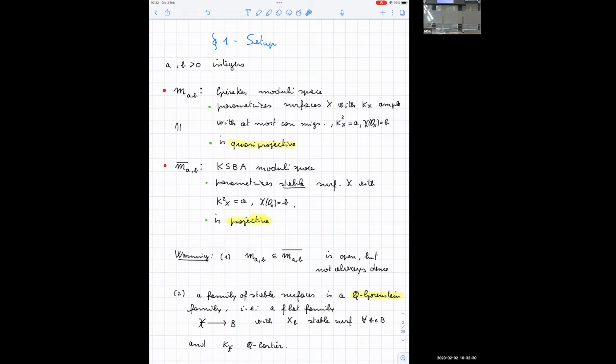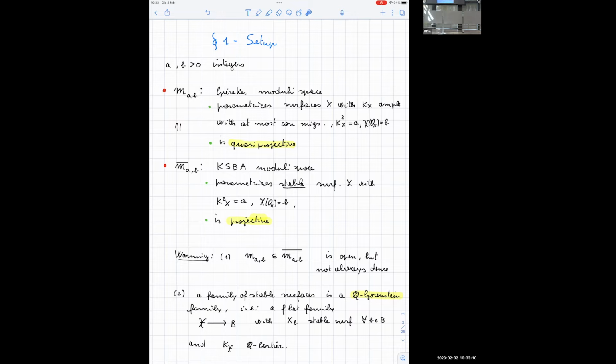The situation is similar to that you certainly know very well for curves. You have the moduli of curves, which is quasi-projective, and then there's a compactification obtained by adding these stable curves. The difference is that as soon as the dimension goes from 1 to 2, even the Gieseker moduli space is largely unknown, and the stable surfaces, the objects that you have to compactify in order to have a projective variety, are much more complicated.